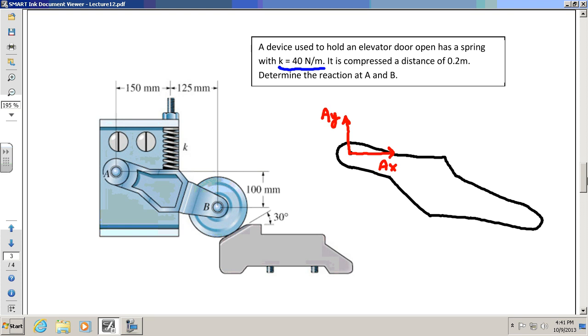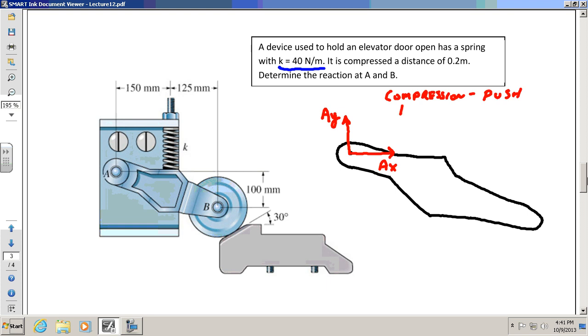Before I look at B, let's talk a little bit about that spring, because people will have trouble with it. Remember that springs can either be in compression or in tension. Springs in compression always push.